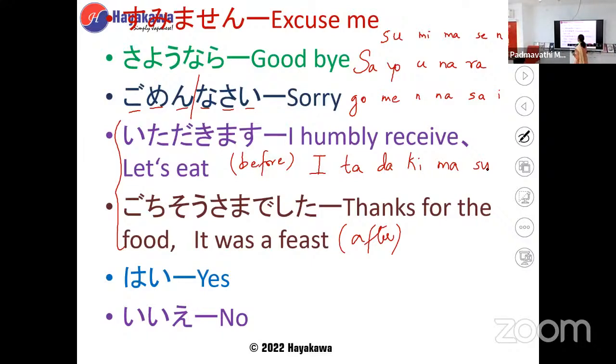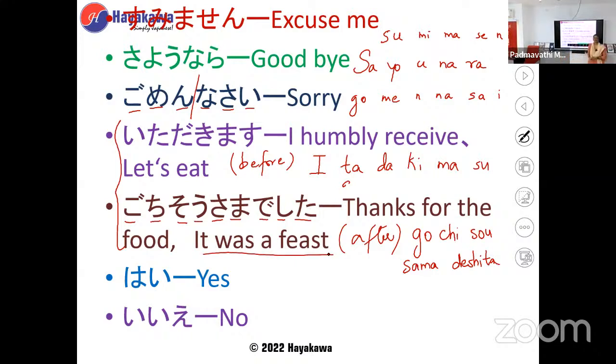After eating, what is going to be the greeting? Gochisosama deshita. Gochisosama deshita means it was a feast.